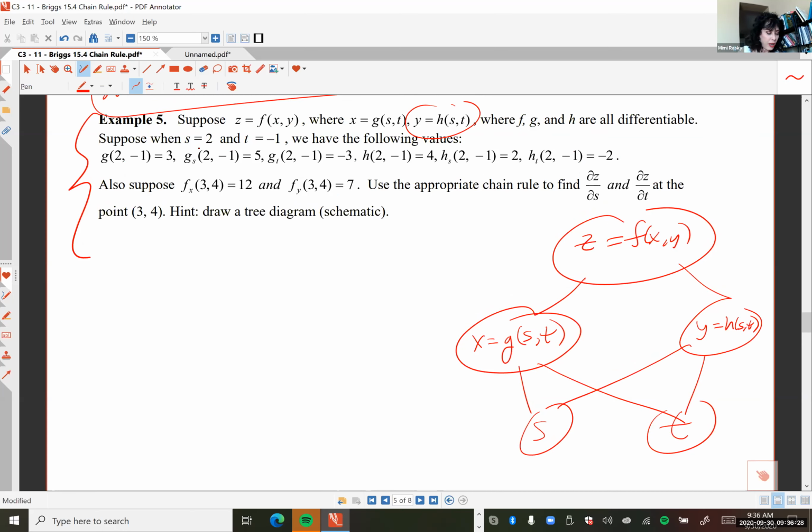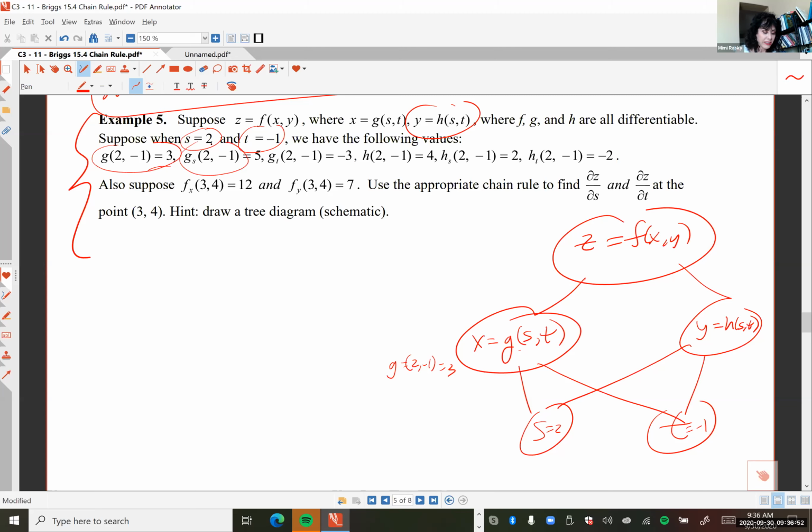Now, they're saying everybody's differentiable. Okay, we're all happy. When s and t are known, so s is 2 and t is -1, then what do we know? We've got the function g is equal to a value, and you don't care about what the g is really doing. g evaluated at (2, -1) is 3, but that's neither here nor there because it's not a derivative.